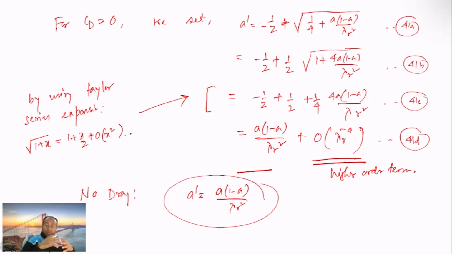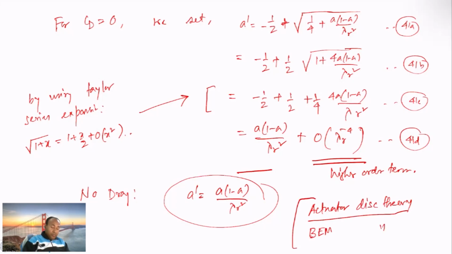So what we have talked about is the actuator disk theory, that is a momentum theory, and then we have talked about blade element theory.